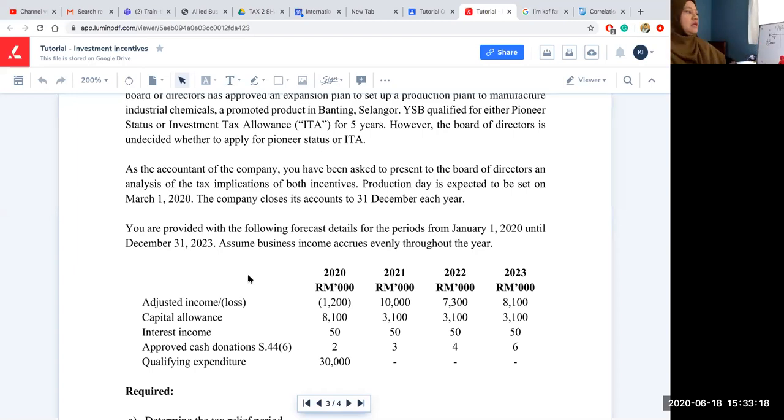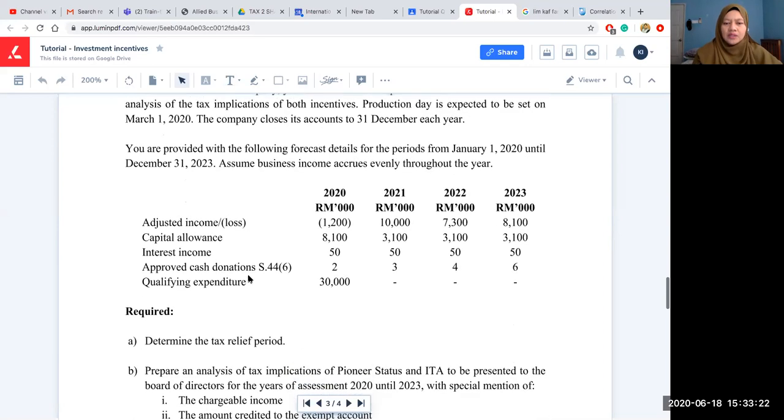Okay. So in this case, for 2020, adjusted income is 1.2 million losses. You are going to divide the losses, 1,200 divided by 12.